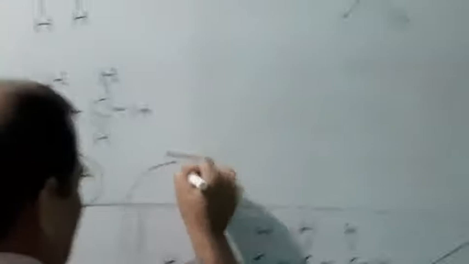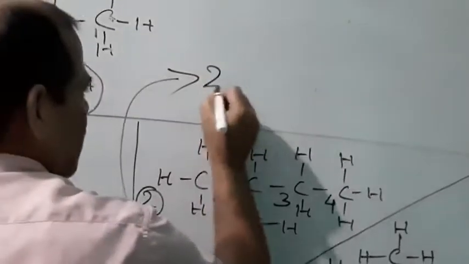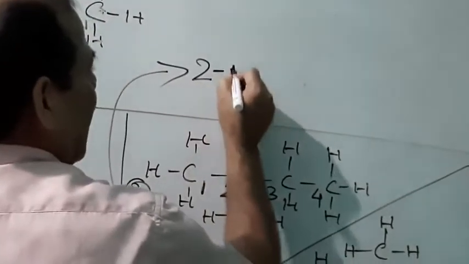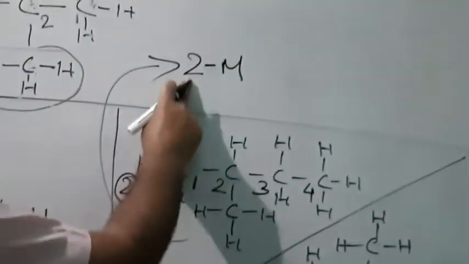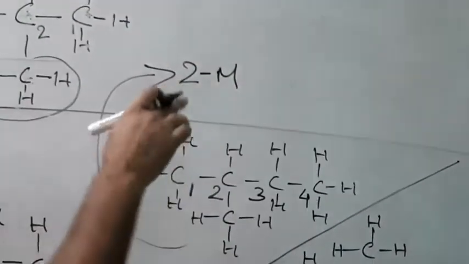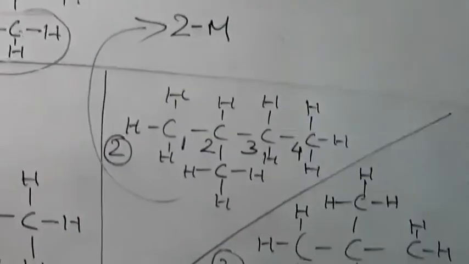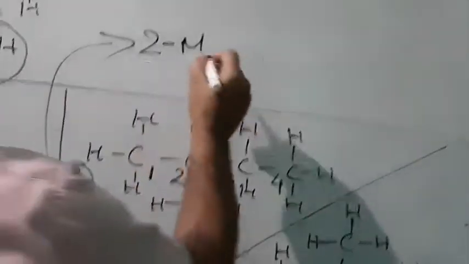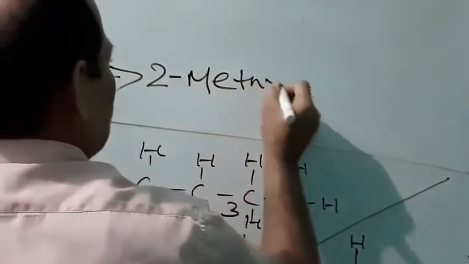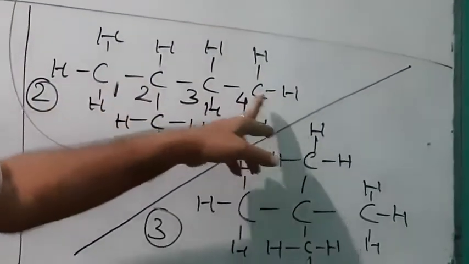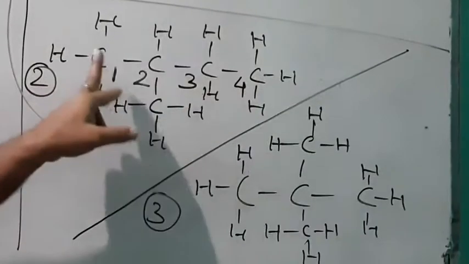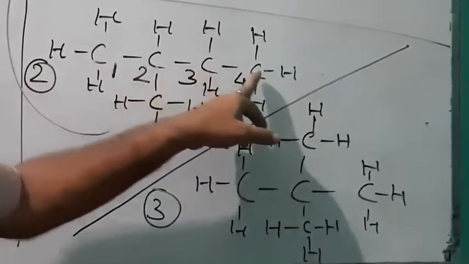I am writing here on the top space. So 2-methyl: between the number and the name there should be a hyphen, and the first letter is always capital. Now how many carbons are here? In a straight chain, 1, 2, 3, 4.